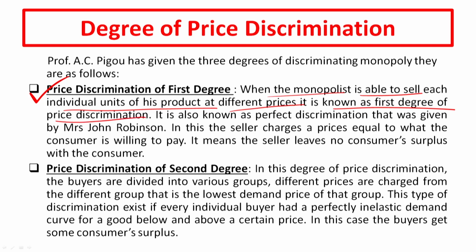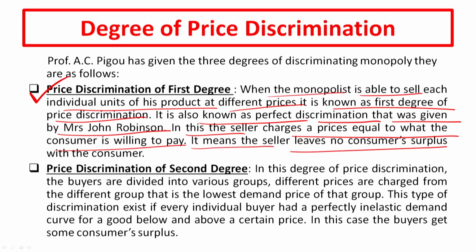It is also known as perfect discrimination, that was given by Mrs. Joan Robinson. In this, the seller charges prices equal to what the consumer is willing to pay. It means the seller leaves no consumer surplus with the consumer.